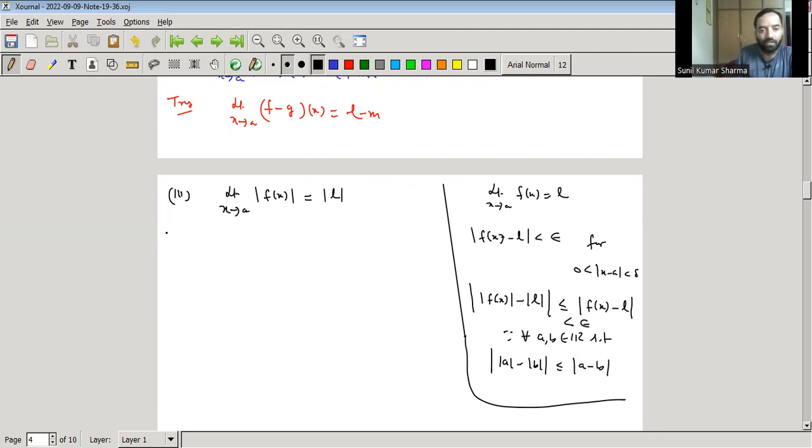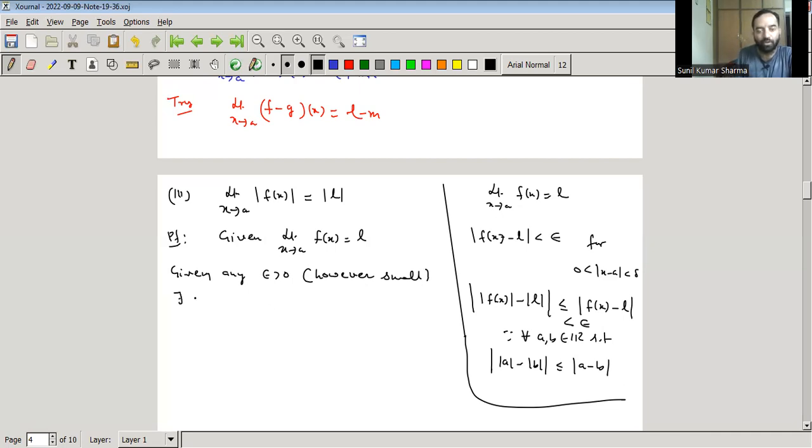So now we write: given limit as x goes to a of f(x) equal to L, by definition, given any epsilon greater than 0, you can take however small an epsilon.